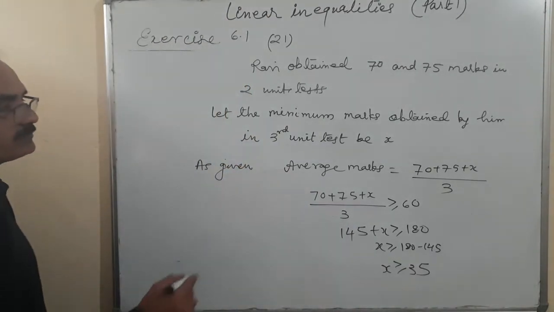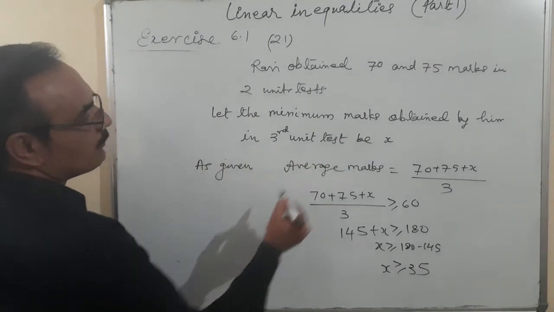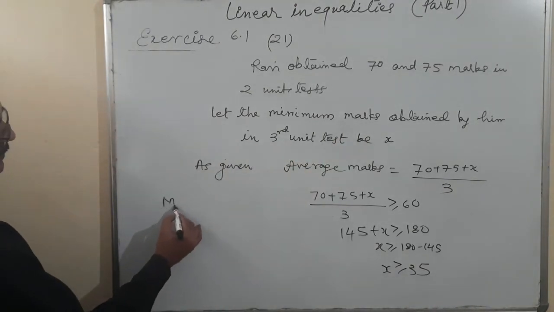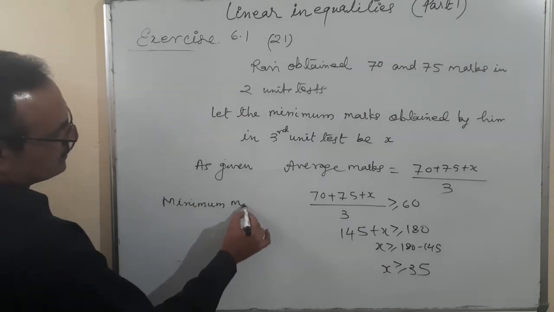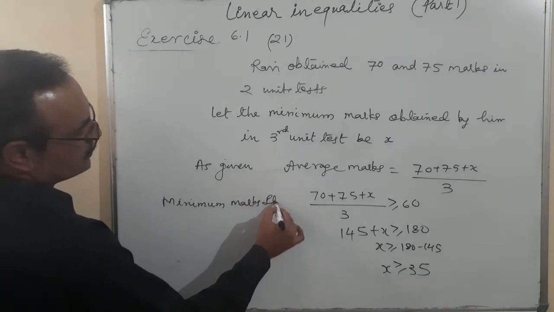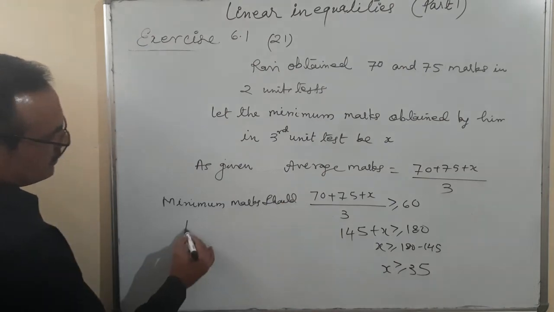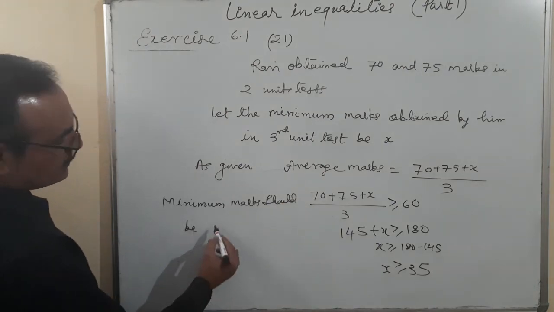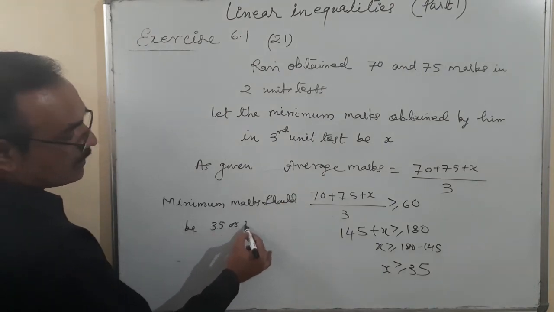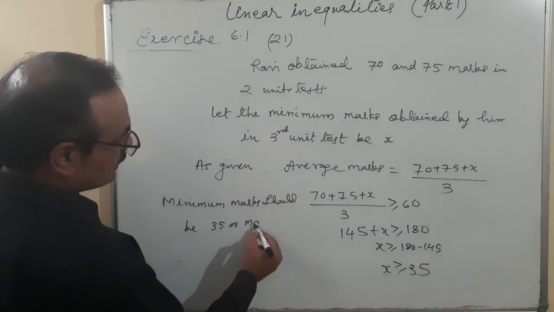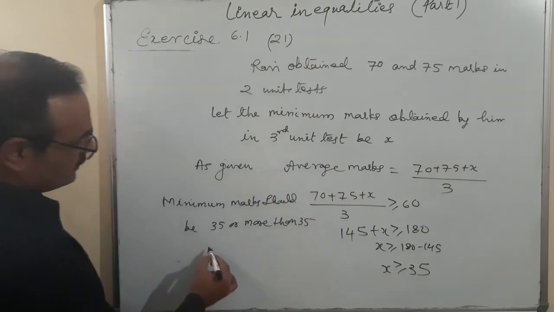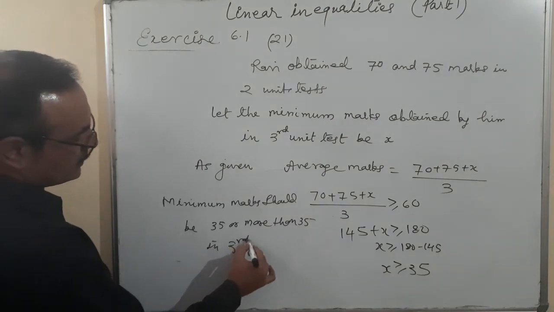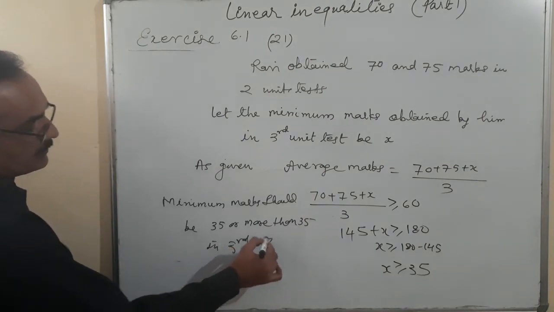So what is the answer? Minimum marks should be 35 or more than 35 in the 3rd unit test.